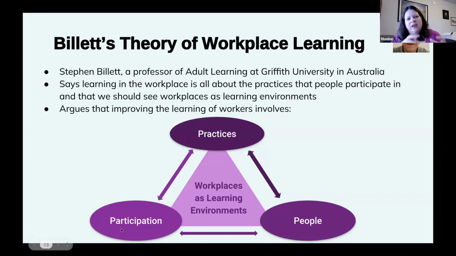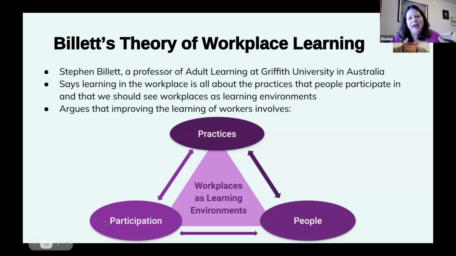Participation is really about culture. I use kind of 3 Ps to help us remember, but it's how do people participate? This is very back in the 1980s. Susan Rosenholtz was writing about learning enriched schools and learning impoverished schools. And that's really what Billett is talking about across industries.